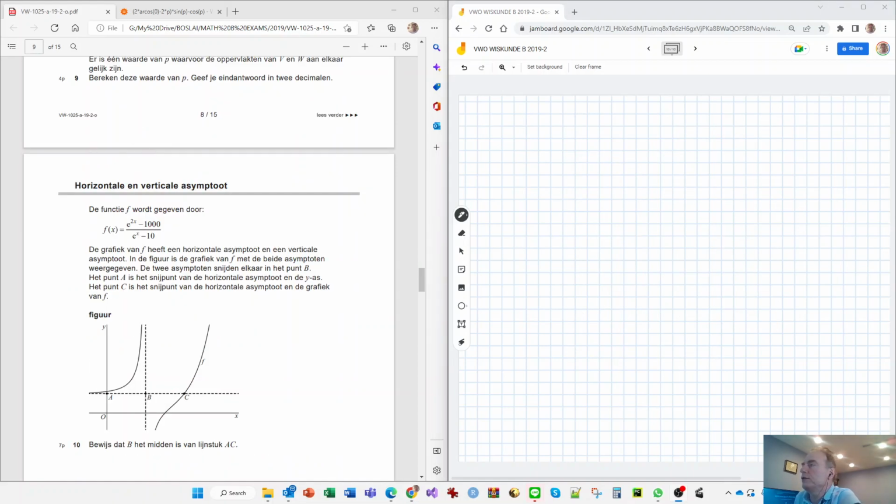Question 10. A function f is given here. It has a horizontal asymptote and a vertical one, which intersect at B. C is the intersection of the horizontal asymptote with the function f, and A is the intersection of the horizontal asymptote with the y-axis.